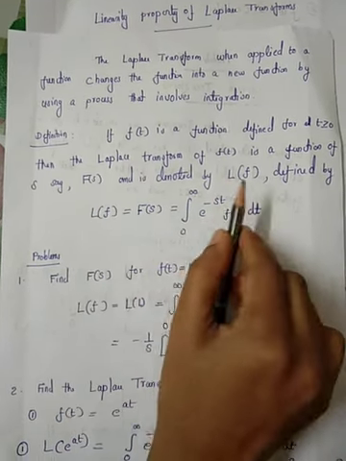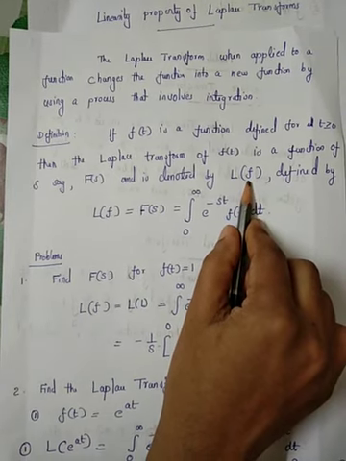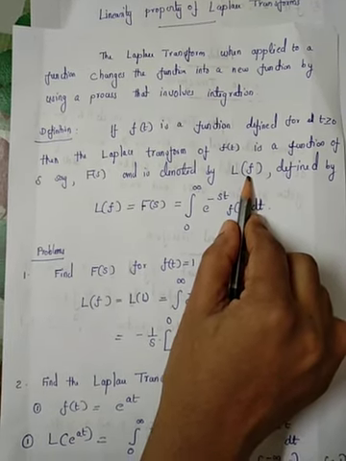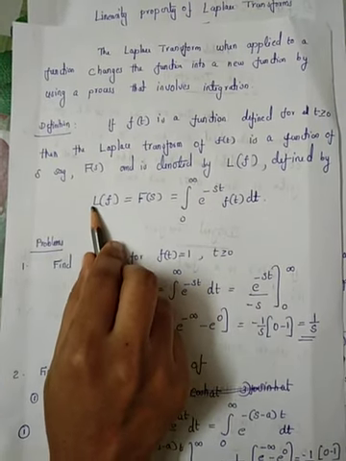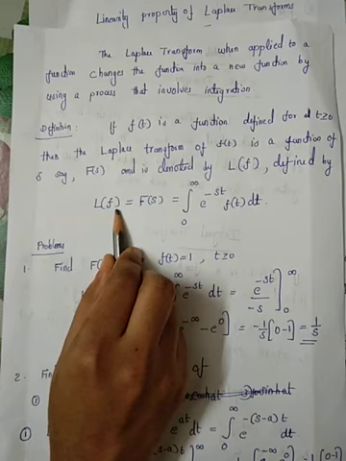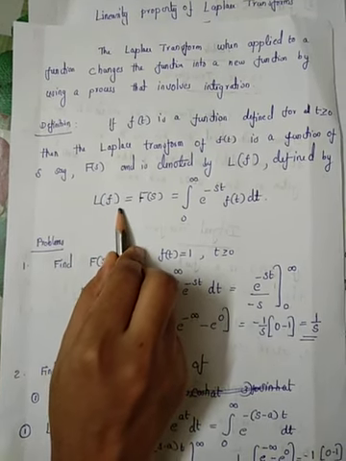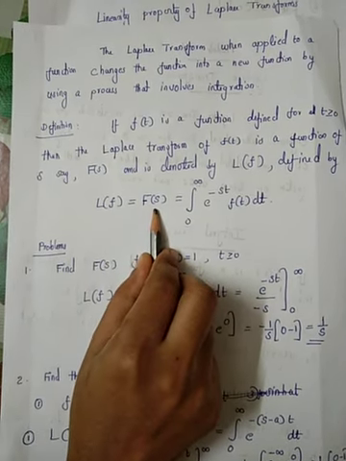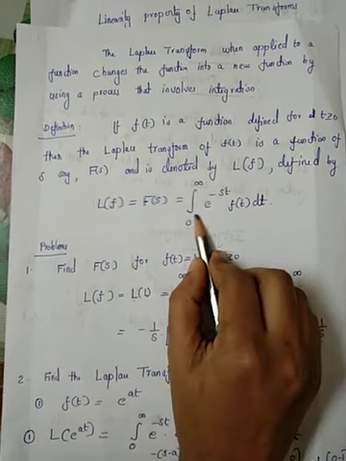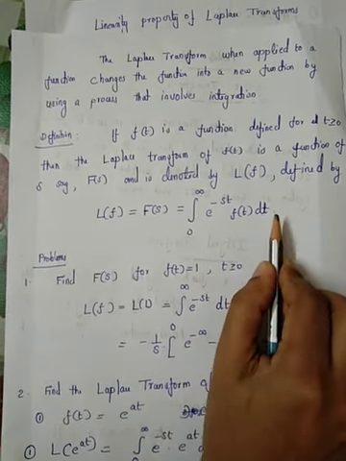Since F of s is the Laplace transform of f, it is also denoted by capital L of f, that is, the Laplace transform of f of t. Similarly, we can write it as capital L of small f. L of f is an integral transform, therefore it is capital F of s, that is equal to integral 0 to infinity e raised to minus st f of t dt.